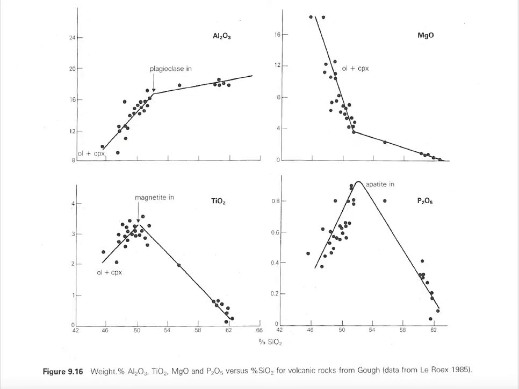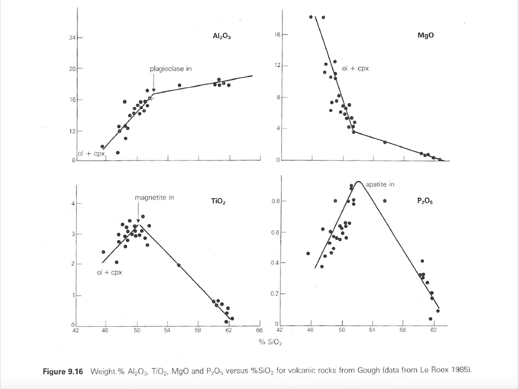Then we have the next Harker diagrams, with SiO2 on the x-axis. At the beginning we have a very vertical line. Then the plagioclase comes in.